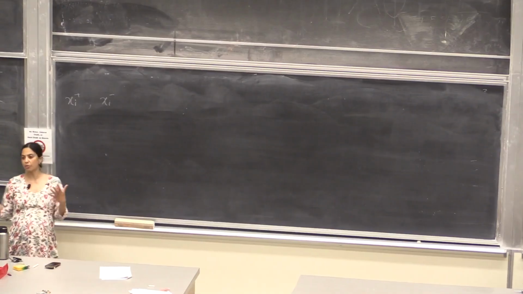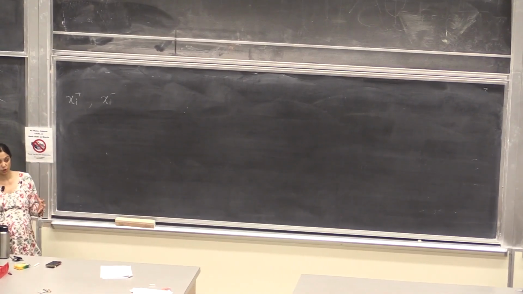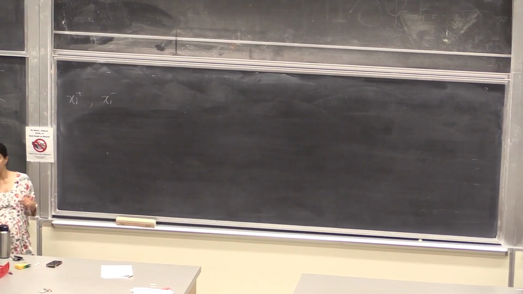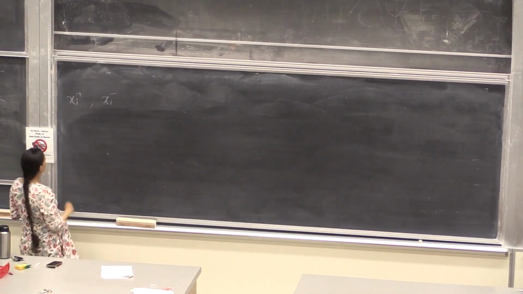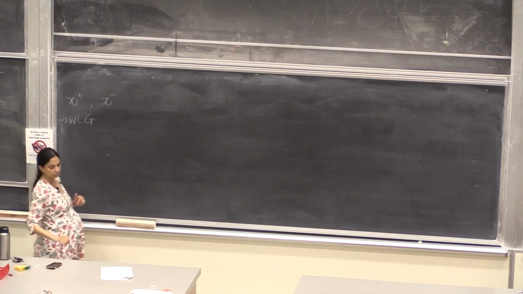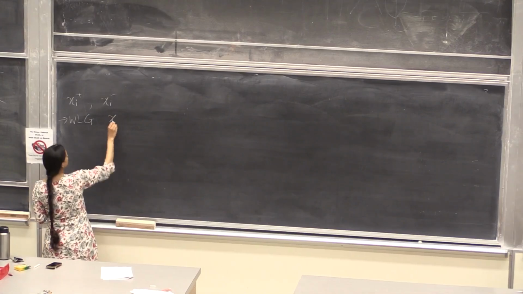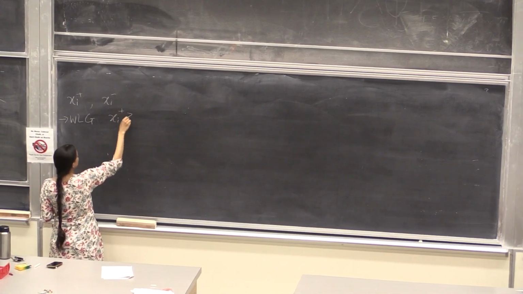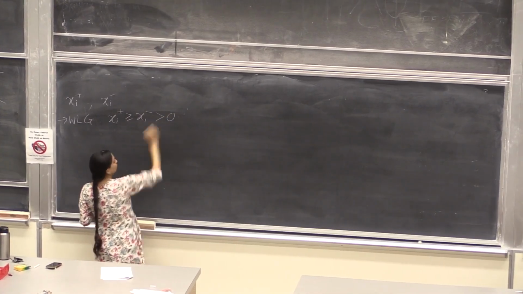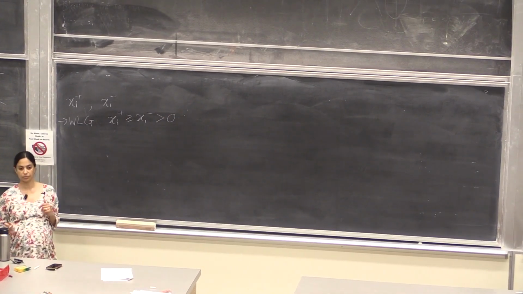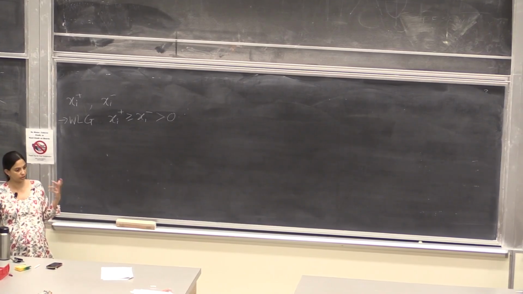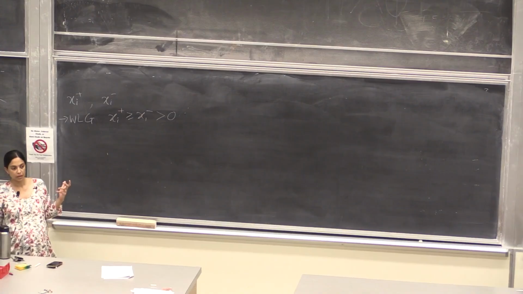To rigorously argue that we want to have at least one of them 0, let me say, without loss of generality, let's have, for example, that xi plus is greater than or equal to xi minus, strictly greater than 0. One of them has to be bigger. Let's call xi plus the bigger one. It doesn't really matter which one.